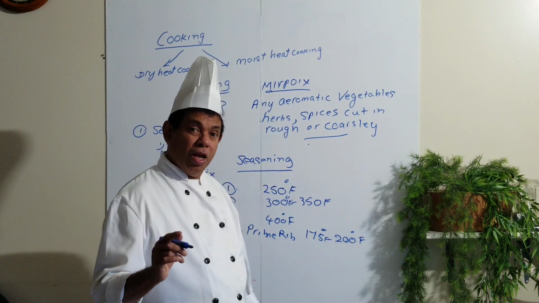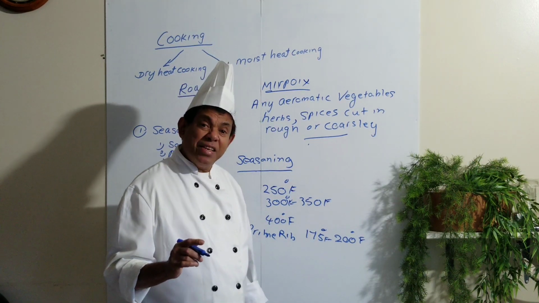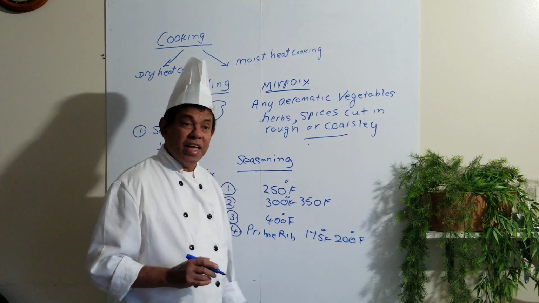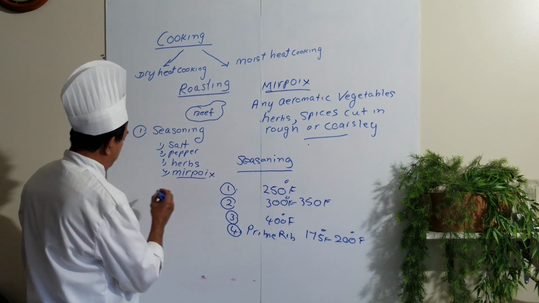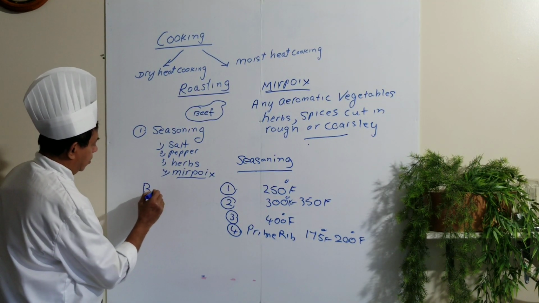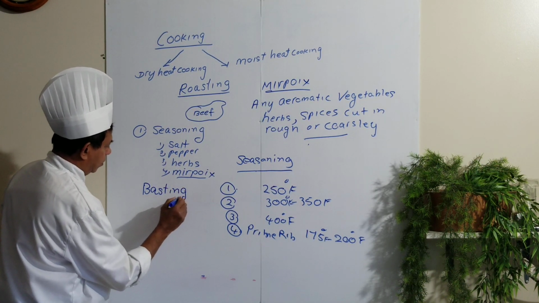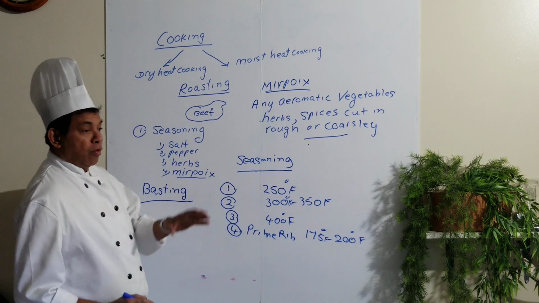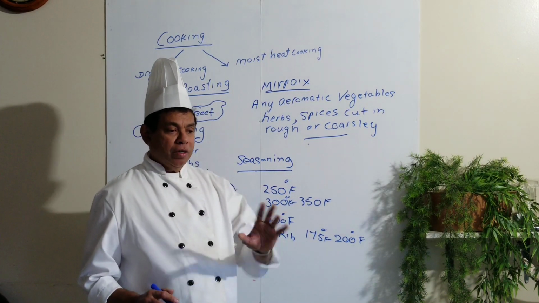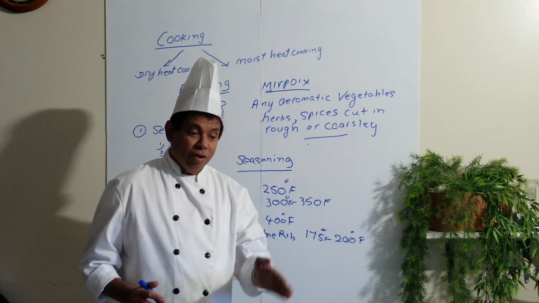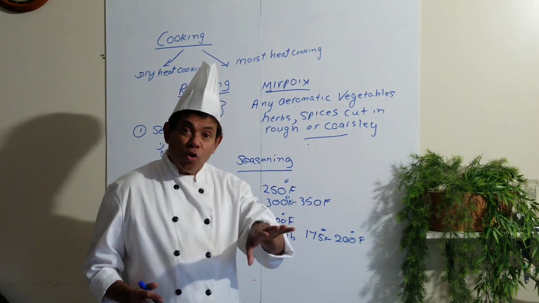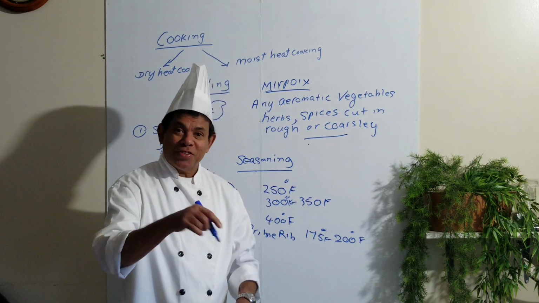As a terminology we use the word basting, B-A-S-T-I-N-G. That's called basting. When the oven is on, when the meat is in, while we are roasting, we are doing the basting.